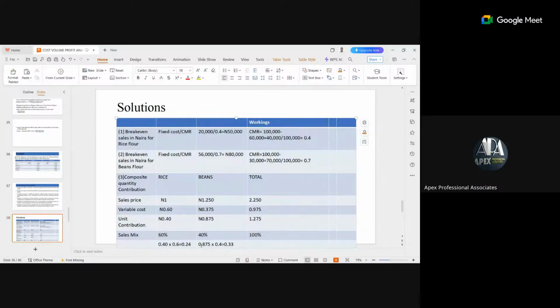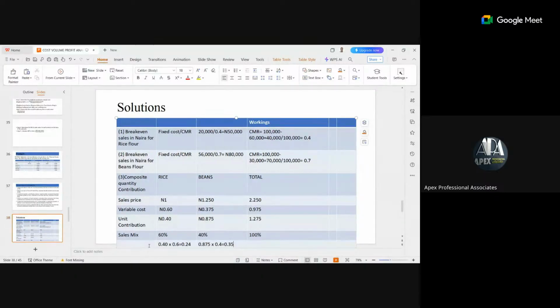Don't worry, I will get it myself. So I have 0.875 multiplied by 0.40, which is 0.35. 0.35 plus 0.24 gives 0.59. Now, this is it.